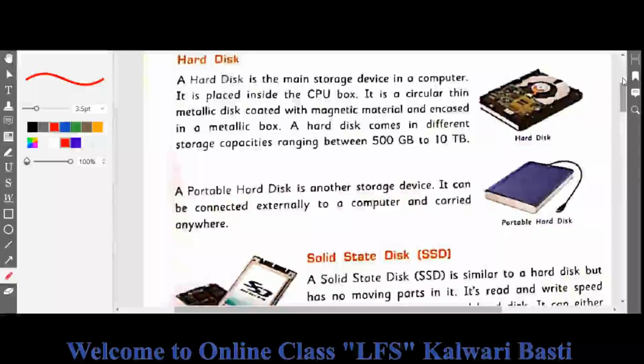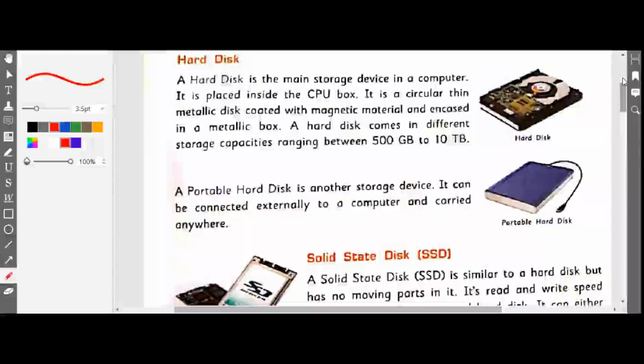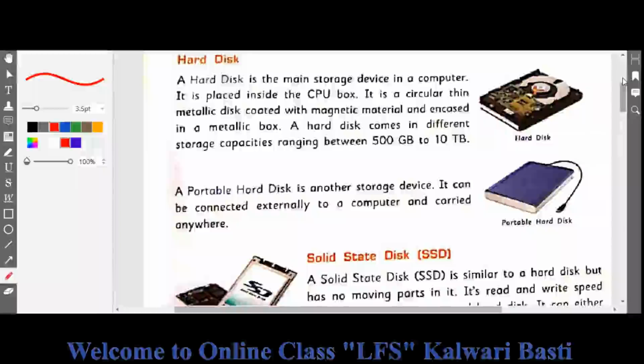You can keep some data separately. If you want to keep data that nobody else can access, you just keep it in the portable hard disk and keep it aside from the computer. Whenever you need to access it, you attach it to the USB port and you can access it.